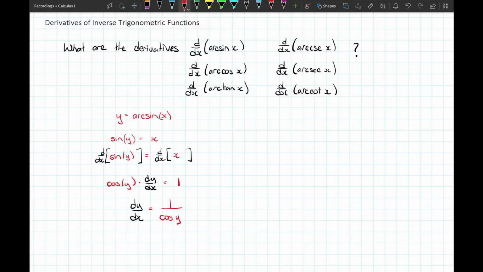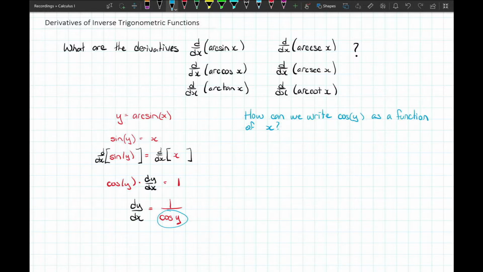And if we know a value of x, we should be able to find y prime, the slope. We should be able to do that if it is explicitly written as a function. So we need to continue this process: how do we get this cosine y written as a function of x? This is where we need to rely on some information about trigonometric functions.